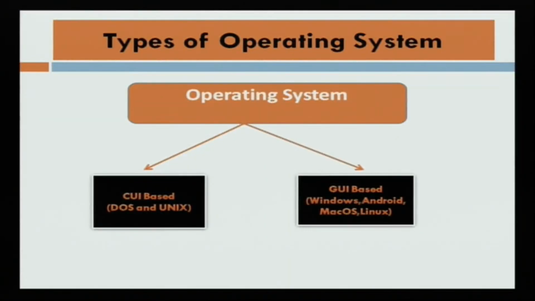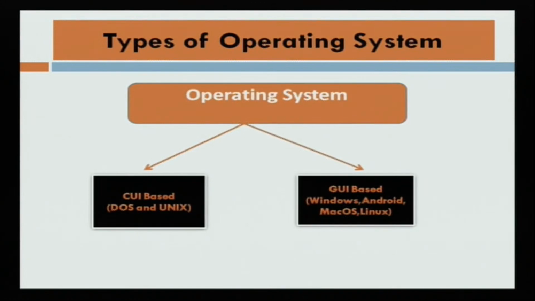Without the knowledge of commands, the user cannot perform anything on the computer. We have various examples of operating systems based on CUI. Here I have given two examples: the first one is the DOS operating system and the other one is the Unix operating system.